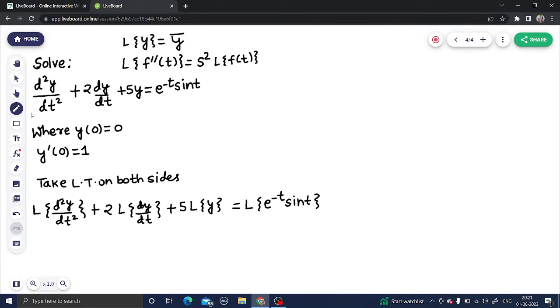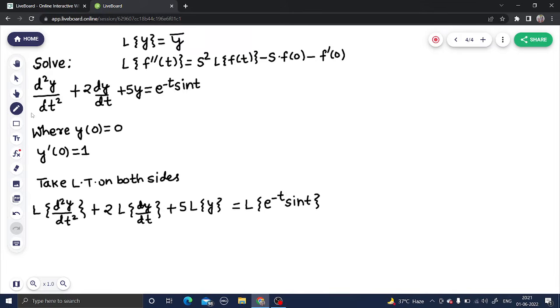Only first term will be positive, rest all terms will be negative. In second term decrease one power, so s, and multiply with f of 0, and from third term onwards it will be derivative. So third term will be s power 0, which is 1 into first derivative. Because s power 0 we have got, so we will stop here. So only 3 terms.